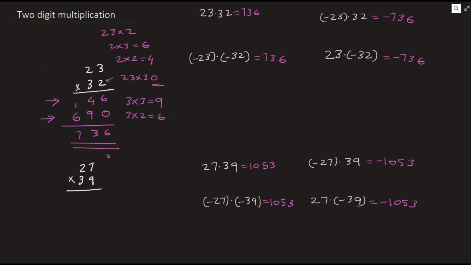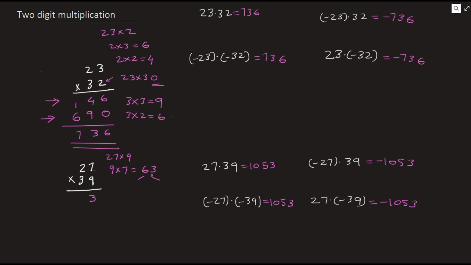So first I multiply 27 times 9. So first 9 times the digit in the units place in this number, which is 7, so 9 times 7 equals 63. But 63 has tens and units. But here in the partial product, in the units, I can write only one number, which is 3.